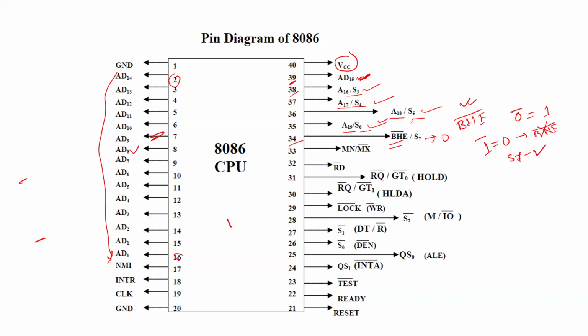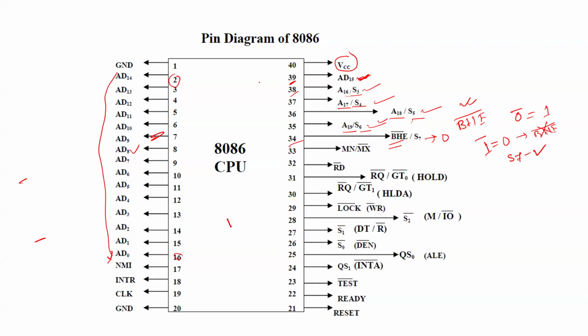The 8-bit device connected to the higher order data bus uses the BHE signal. The signal is multiplexed with status signal S7. And the S7 signal is activated during T2, T3, and T4 cycle.